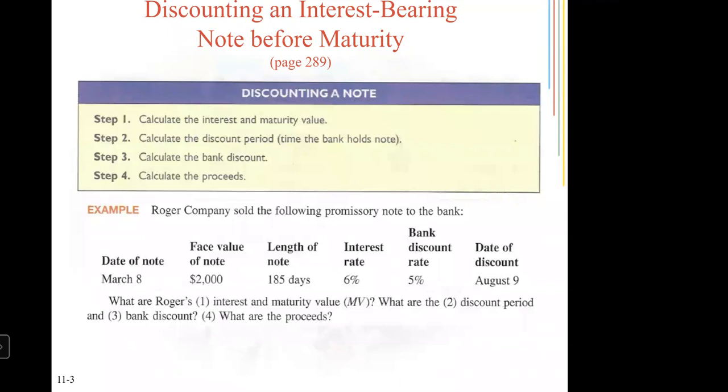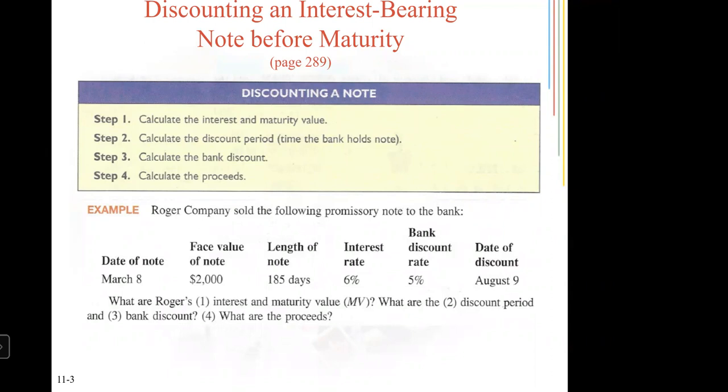The steps for that also appear on page 289 of your text. The first step is to calculate the interest and then the maturity value.